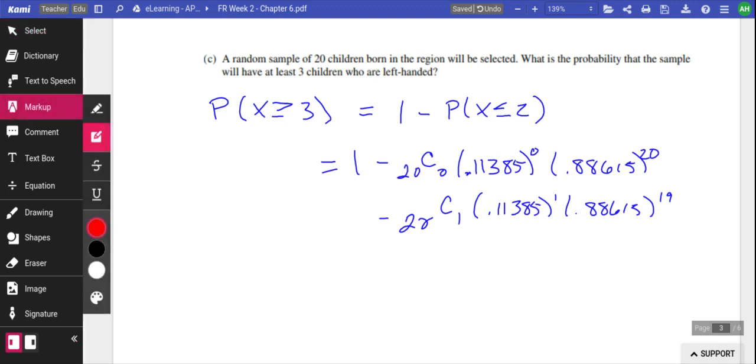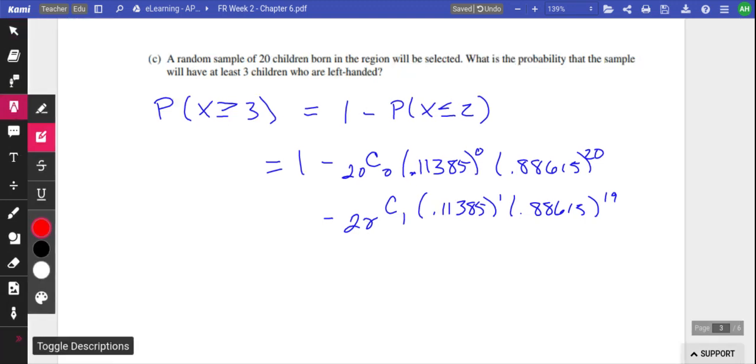Markup, that's what I want. This part right here, okay? The first part is telling you the probability of getting a left-hander and the probability of getting a right-hander, right? But again, that's only for one condition. So like right there, that would be for having that left-hander be either first or second or third. And you have to make sure you take into account that that left-hander was either the first child you picked all the way up to the 20th child that you picked.